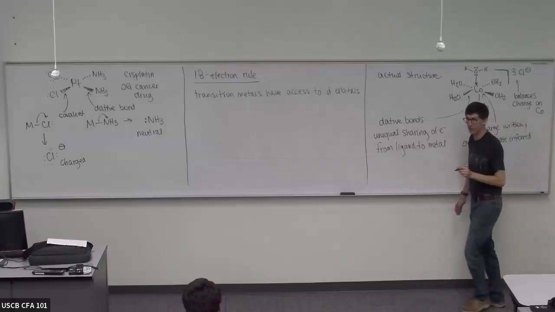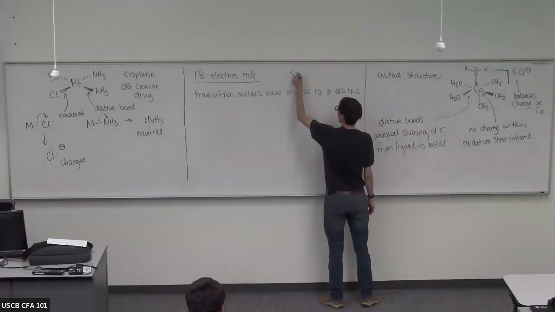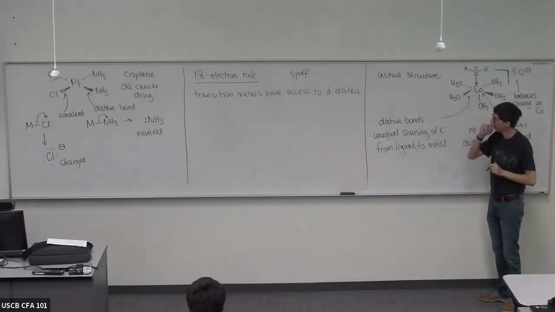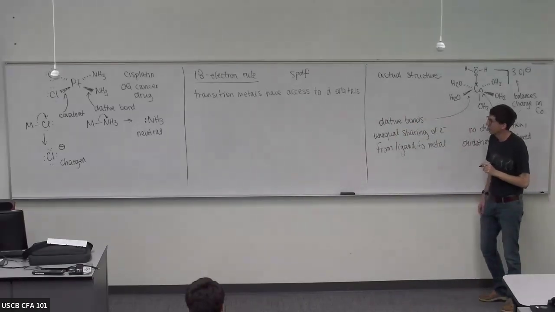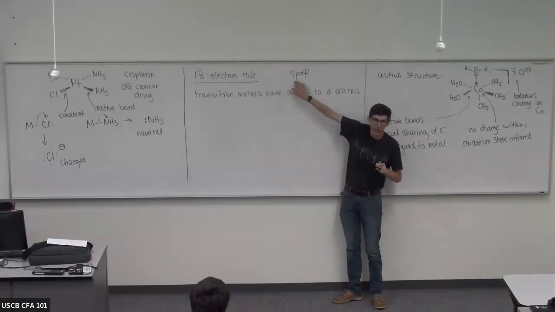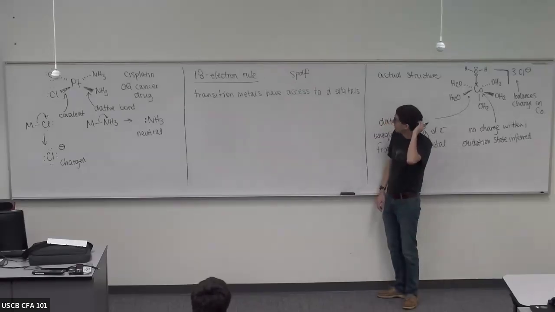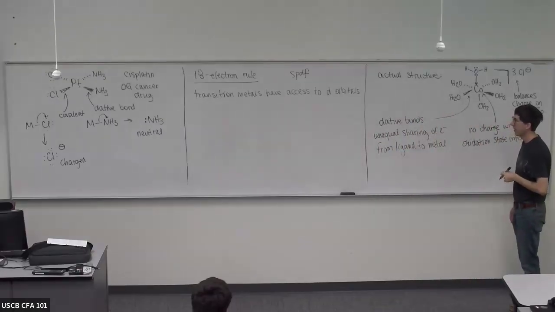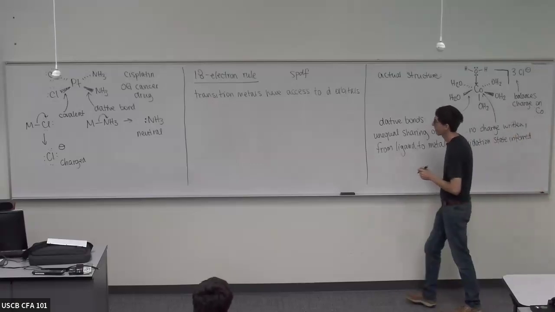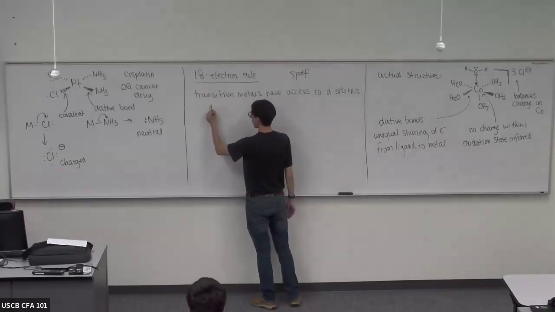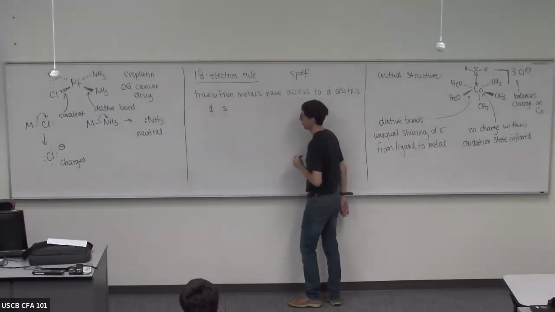Remember SPDF? Different kinds of orbitals. All of the chemistry that we've done is just involving s and p orbitals and sp hybrid orbitals. But transition metals in the middle of the periodic table in the d block have d orbitals. So how many s orbitals are there? Well, there's 1 s orbital.